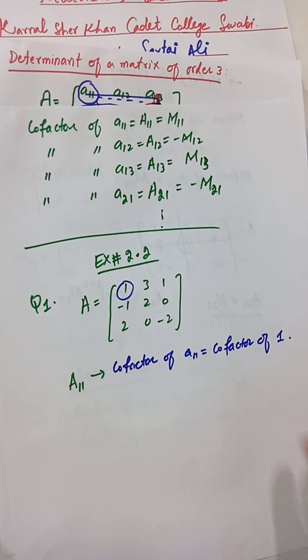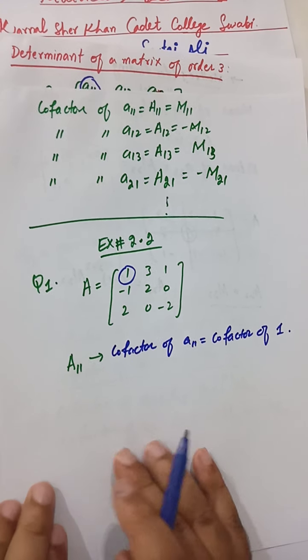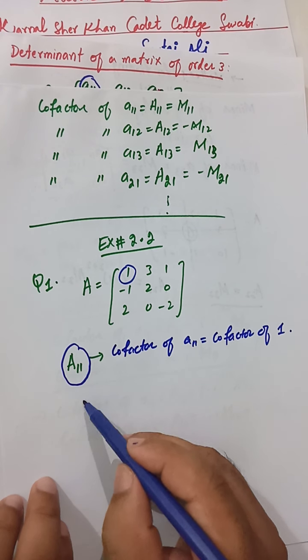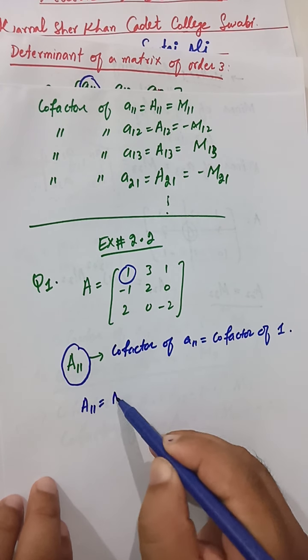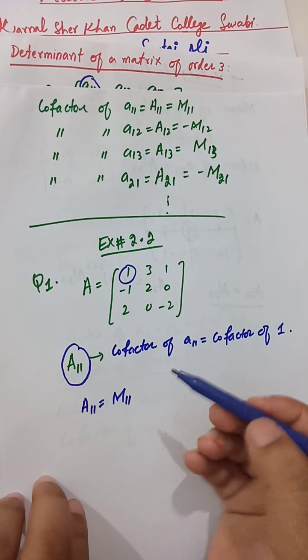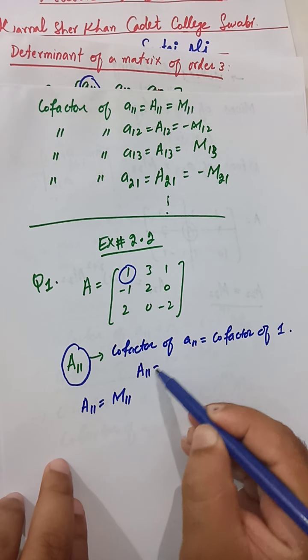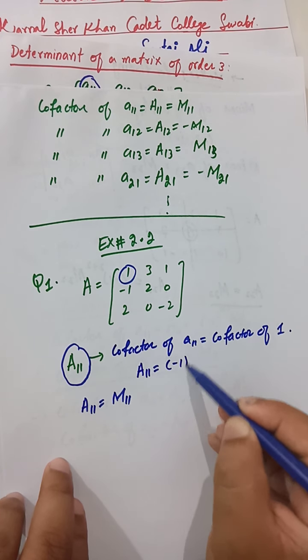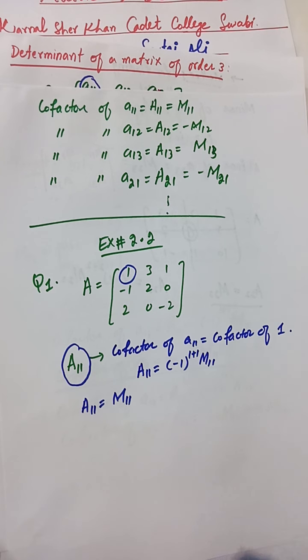So what is the cofactor of 1? The cofactor of 1 is denoted by capital A11, and it will be equal to the minor M11, because in the formal definition, capital A11 is equal to minus 1 power 1 plus 1 times M11, and minus 1 power 2 is equal to plus 1.